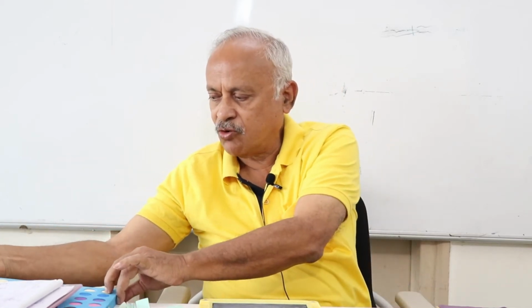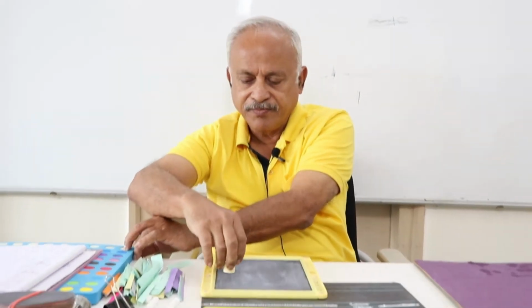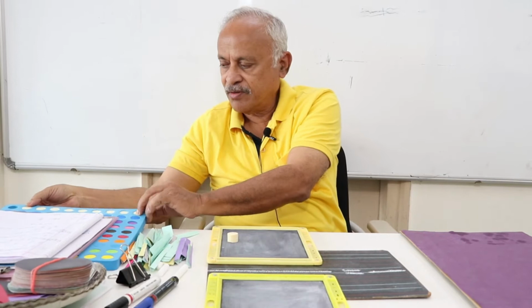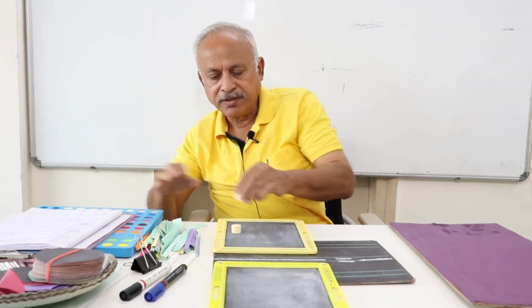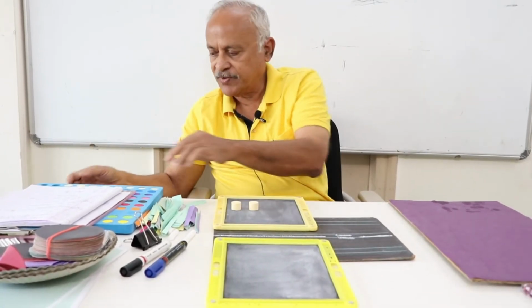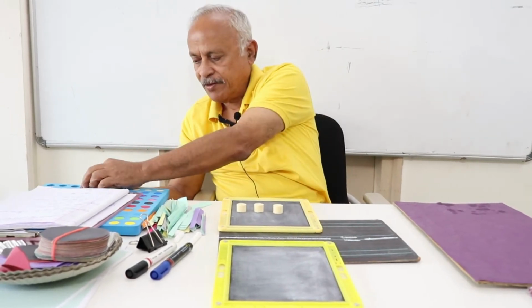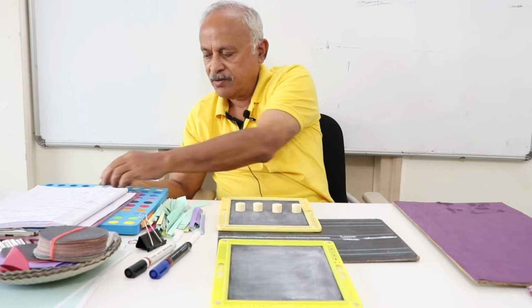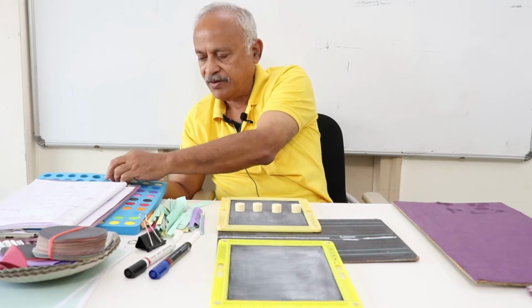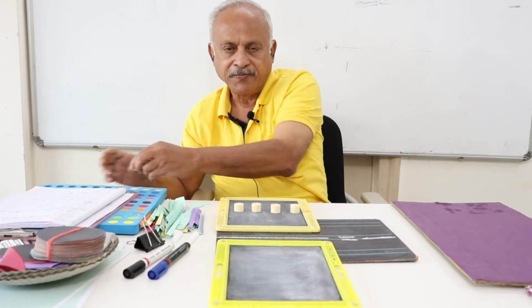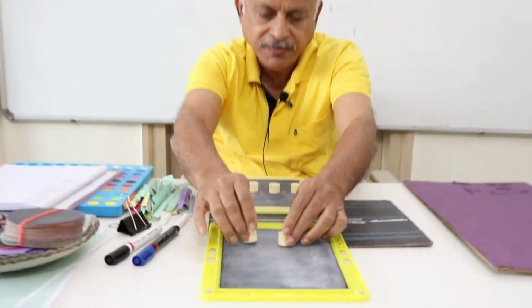What I'm going to do is I'm going to set up a ratio on the slate. As you know, this is the top slate, this is the bottom slate, and I'm going to set up a problem by putting something on the top slate which is being divided by something on the bottom slate.